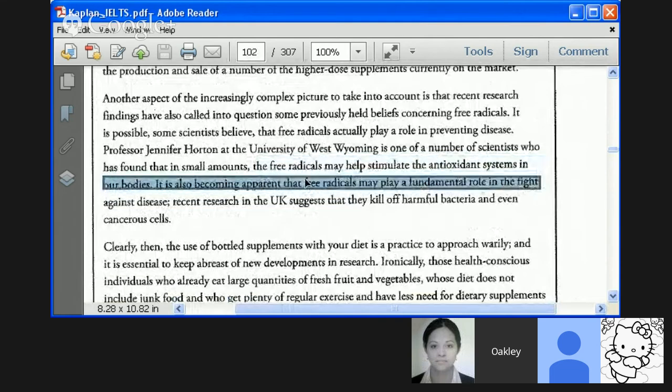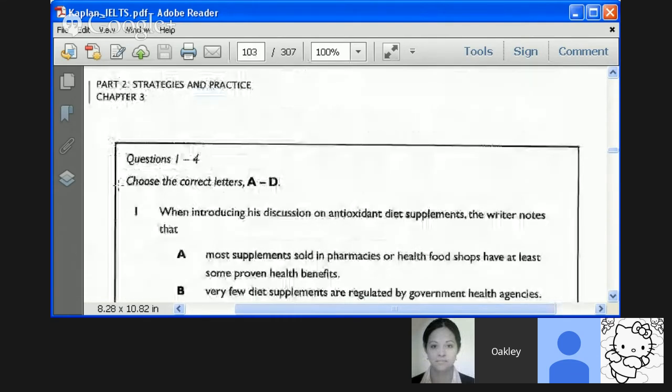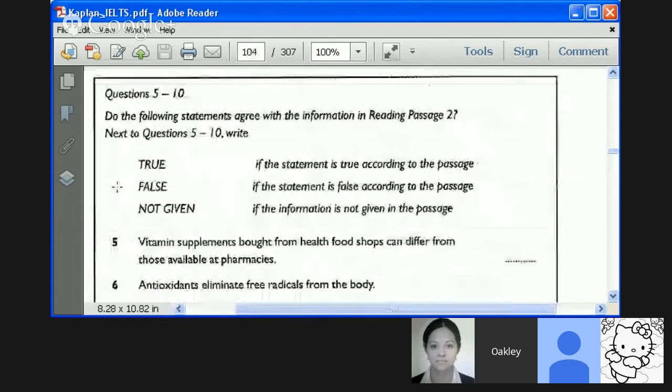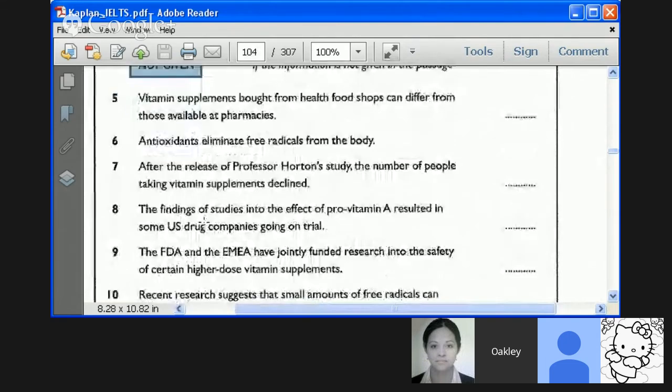It talks about the free radicals and research in the UK and bacteria. There's nothing about consumers buying and taking them. So, yeah, actually the correct answer here is not given. Not given. All right, if the information is just not even inferred or referred to whatsoever, it's not given.